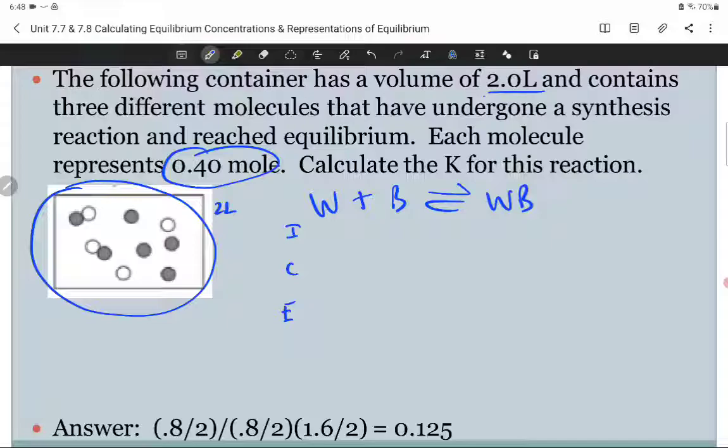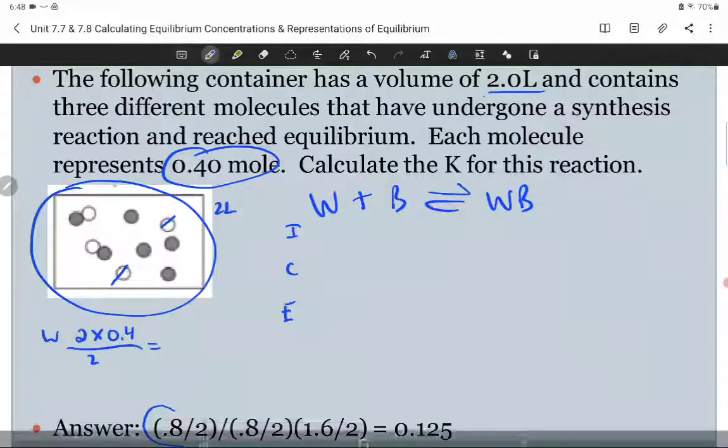So what do we actually have in here? The white, we have 2 of those. Okay, so it's 2 times 0.4 moles divided by 2 liters. Where do I have that? Well, I guess we could say we have that, right?